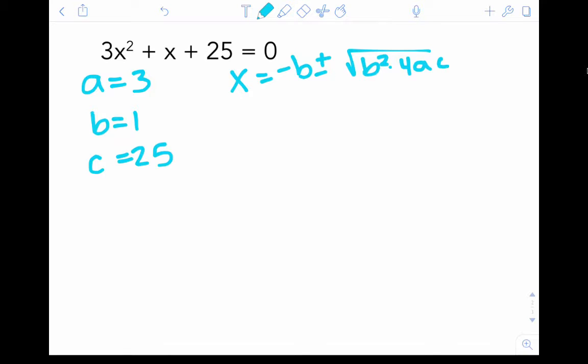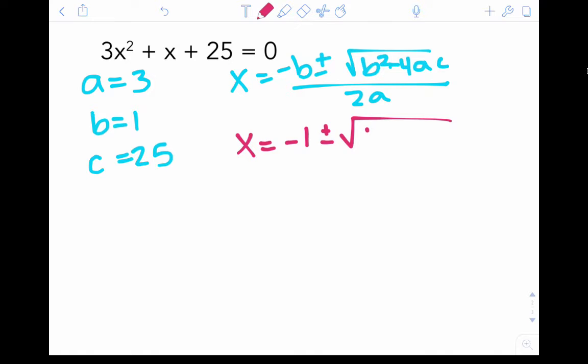And now I'm going to plug in my numbers. So x equals negative 1 plus or minus the square root of 1 squared minus 4 times 3 times 25 all over 2 times 3.